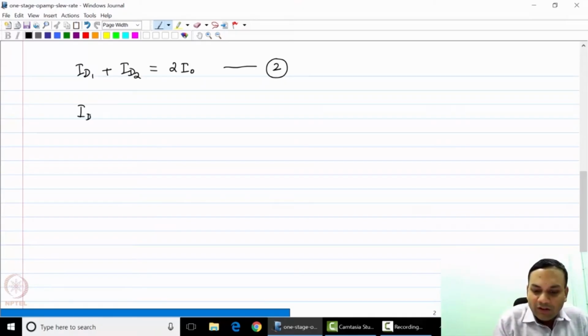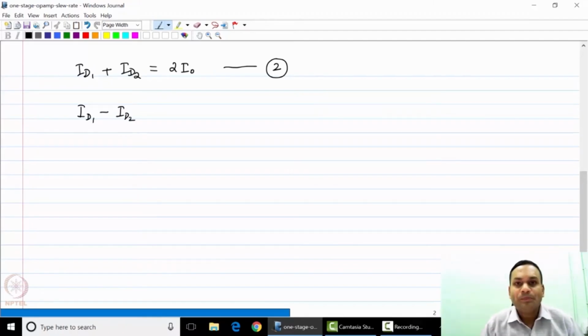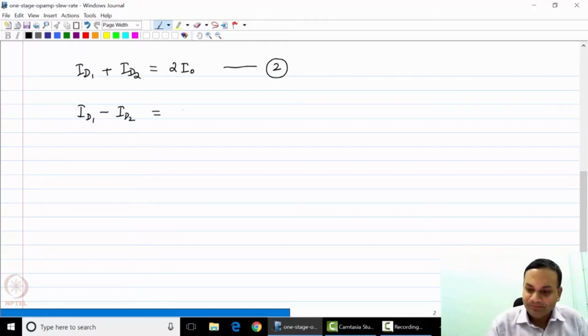It turns out that if you solve these equations for ID1 minus ID2, you'll get the following relationship, after some arithmetic manipulation. ID1 minus ID2 depends on V in 1 minus V in 2 in the following manner.